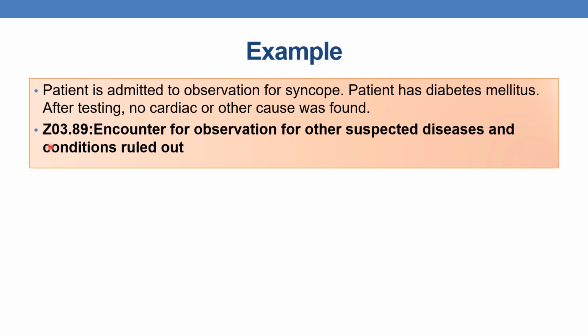So the appropriate code is Z03.89, encounter for observation for other suspected diseases and conditions ruled out. Because no cardiac or other cause was found, the appropriate code is the observation code, that is Z03.89.